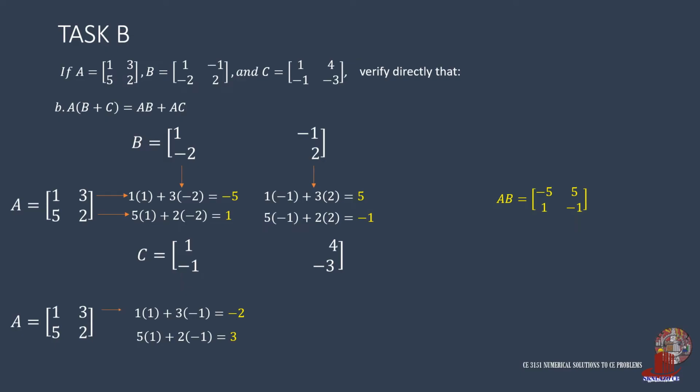Then back to row 1 with column 2 this time, yields negative 5 as we multiply 1 and 4, then add 3 and negative 3. And last again is row 2 with column 2 that has 5 times 4 plus 2 times negative 3, giving 14. So matrix AC contains the elements negative 2, negative 5, 3, and 14.